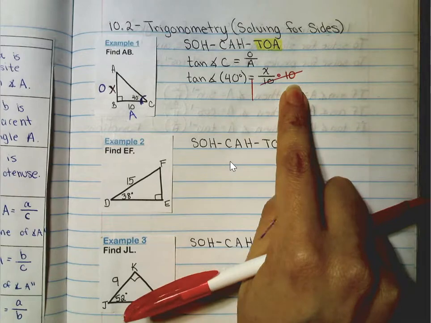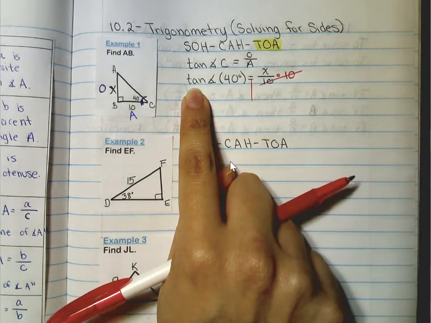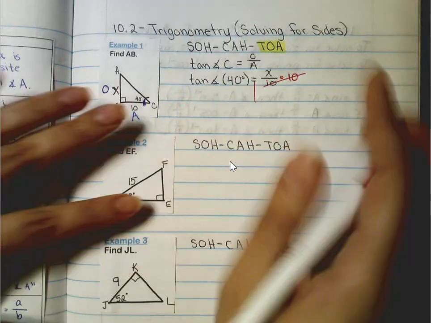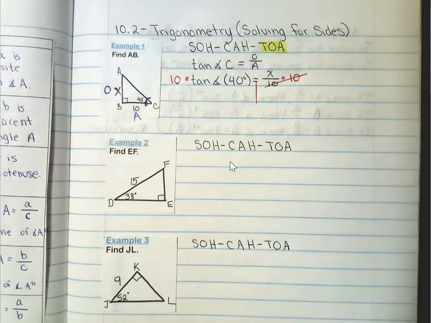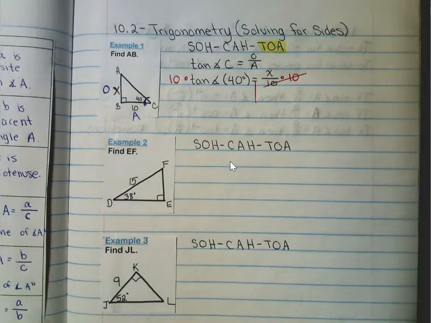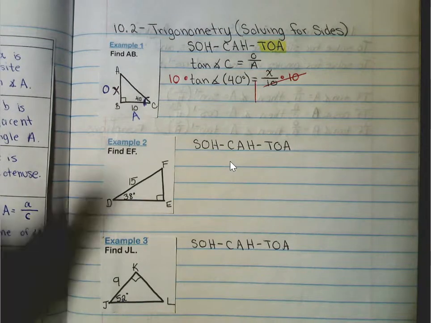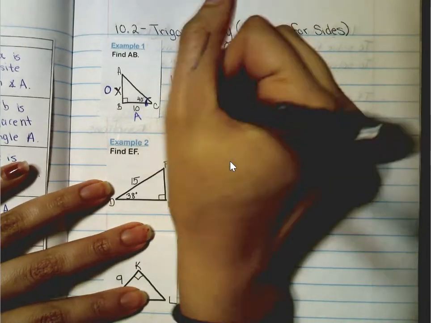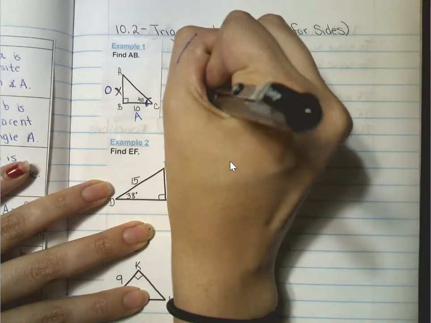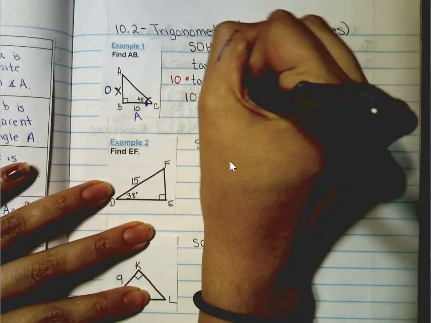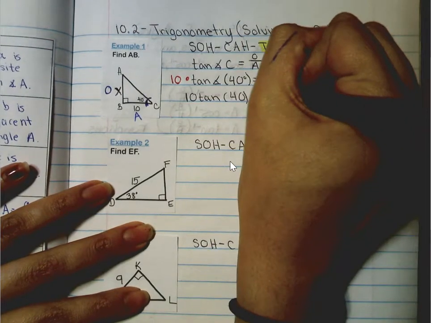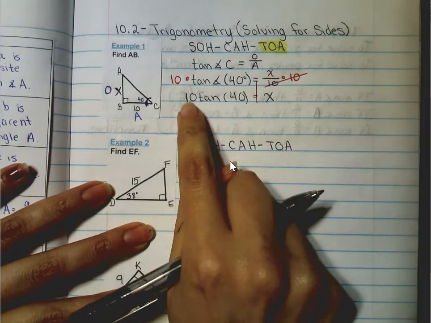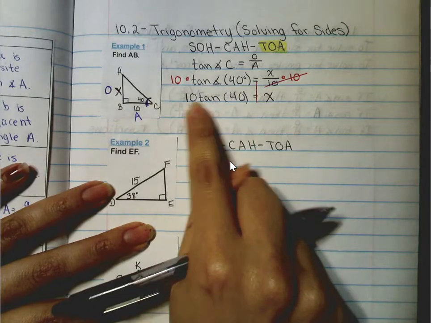And remember, what I do on one side, I have to do to the other side of the equation. So this left side, I'm also going to multiply by 10. Now I have 10 times the tangent of 40 equals x. So x is already by itself. I just have to figure out what this is as a decimal.